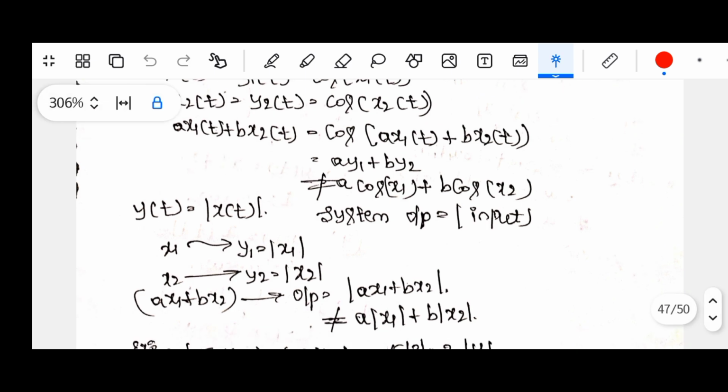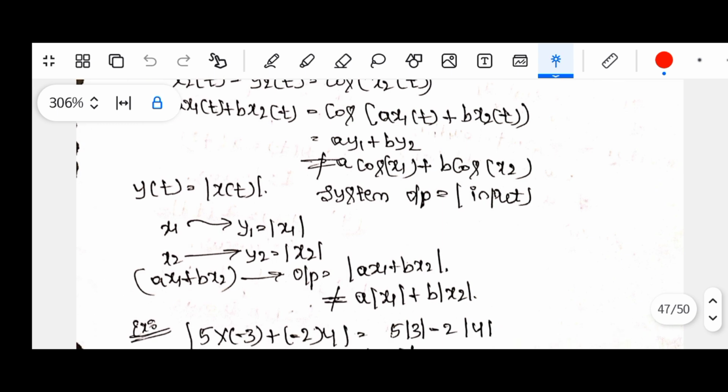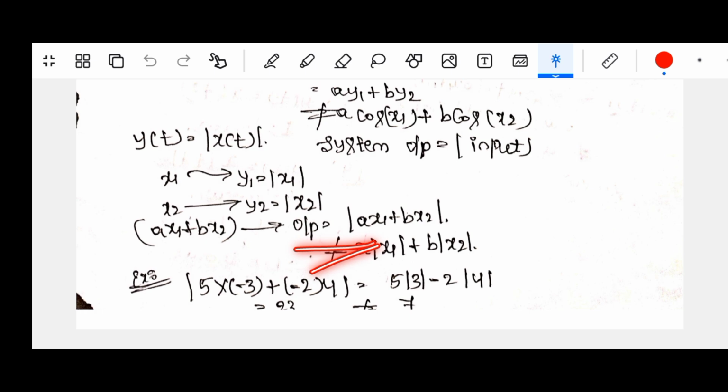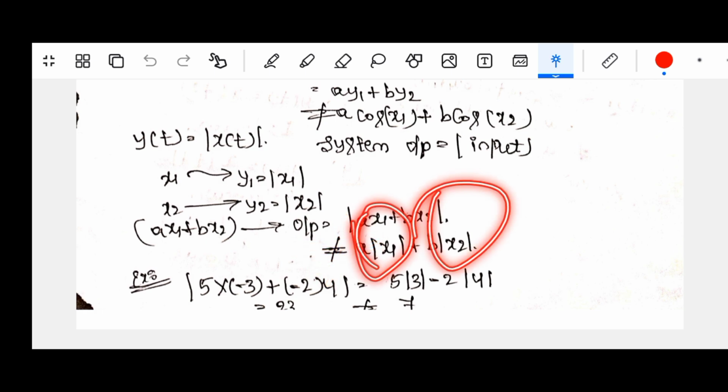Now y(t) = mod of x(t); the system output is equal to the mod of the input. x1 gives y1 = mod of x1, and x2 gives y2 = mod of x2. So a times x1 plus b times x2 gives output mod of a times x1 plus b times x2. This is also not equal; we can't separate these two.